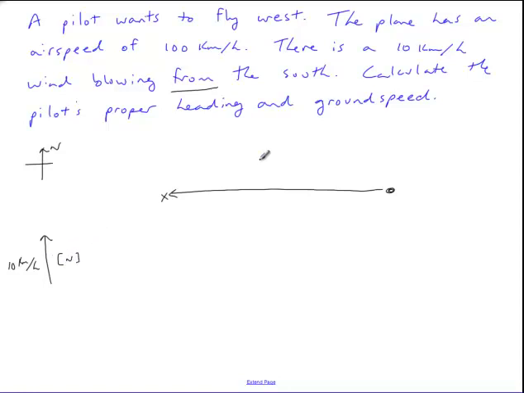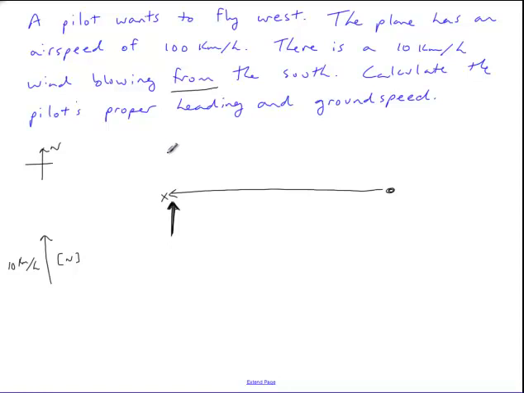Calculate the pilot's proper heading and ground speed. They want to go west, but the wind is blowing up. The wind is going to blow them in this direction. So if the pilot just headed straight for his location, the wind would blow him off and he would be way up here.